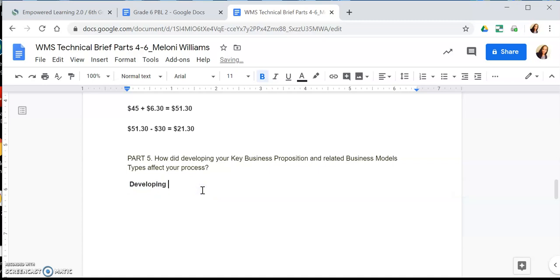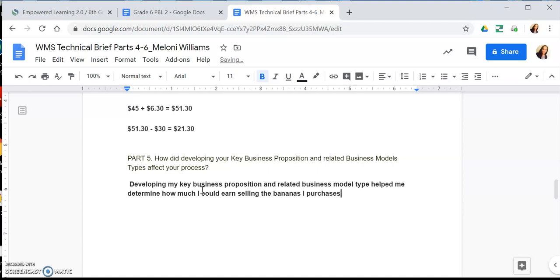So developing my key business proposition and related business model type helped me determine how much I could earn selling the bananas I purchased, even after they started to turn brown.